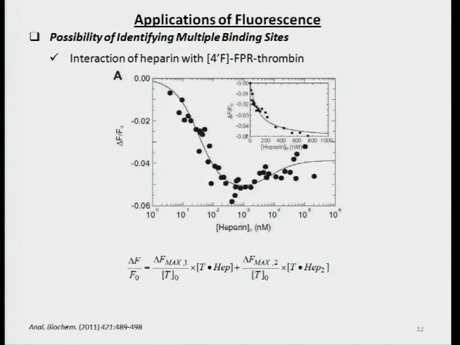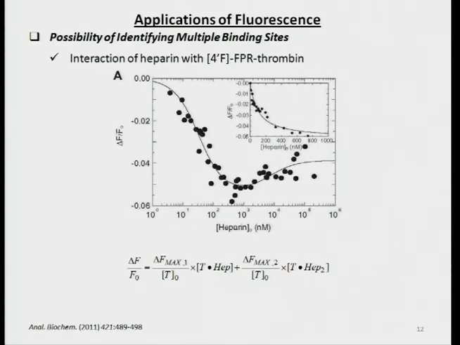And here is an example. This is an unusual case, and thrombin figures in quite a bit, primarily because thrombin is really an unusual enzyme. So what was done was the thrombin was modified at the active site with a fluorescein label. So the thrombin itself is labeled. And then, although we keep thinking that heparin binds in exosite 2, and that's it, and nothing further, here is an experiment where the fluorescence changes and then it starts to increase.